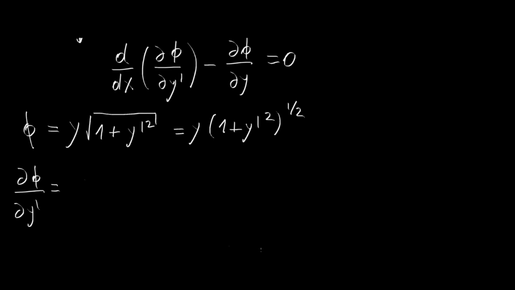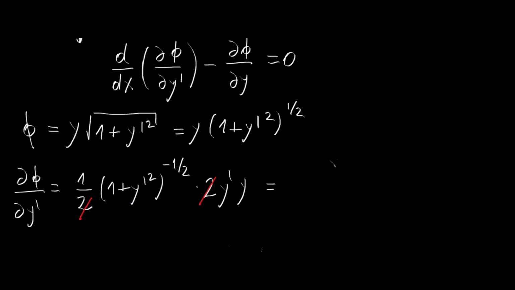So it will lead to the following result: 1/2 times (1 plus y prime squared) to the minus 1/2 times the derivative of y prime inside this binomial, this 2y prime, times y. Here we can cancel the 2's and write this expression as follows. Okay, there we have it, our first partial derivative.